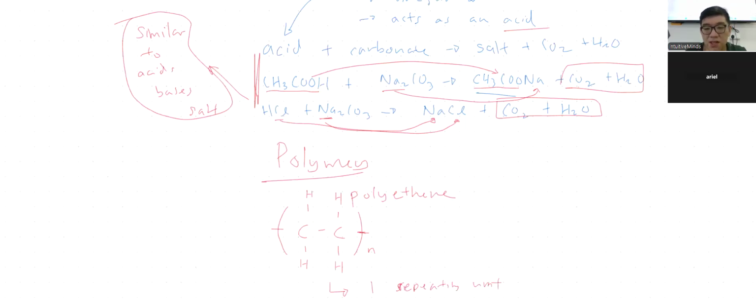What about two repeating units? How do I draw it? I just need to copy and paste for another time. Okay. Can you see this? There are two repeating units.